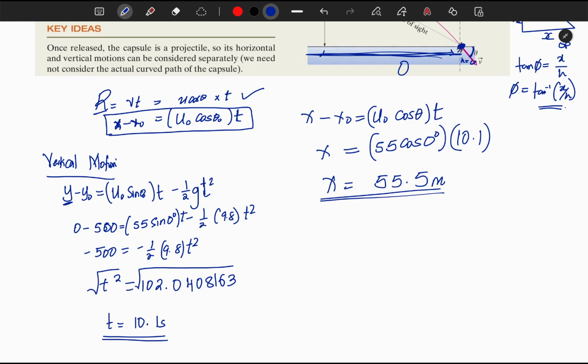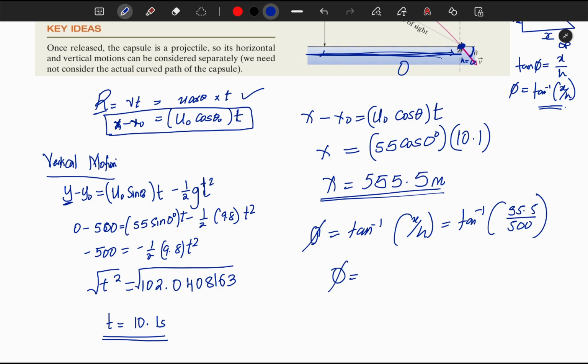Now next is find the phi now. Phi is tangent inverse of x over h, which will be equal to tangent inverse of 555 over, what is y? 500. So we divide that by 500, then we find the inverse of that.